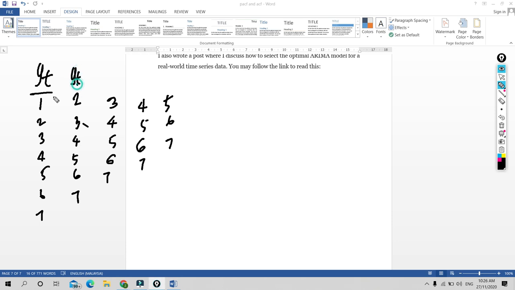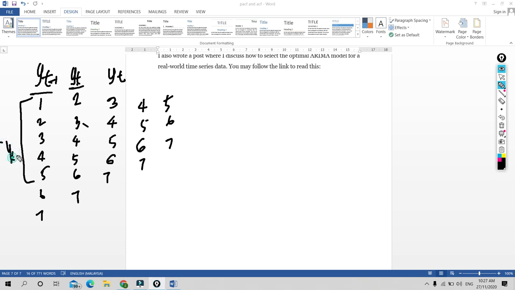YT minus 1 is 1, 2, 3, 4, 5, and 6. Kalau you regress YT against YT minus 1, you dapatkan korelasinya. If you regress YT with YT minus 1, so you have YT equal to phi 0 plus phi 1 YT minus 1 plus epsilon t.